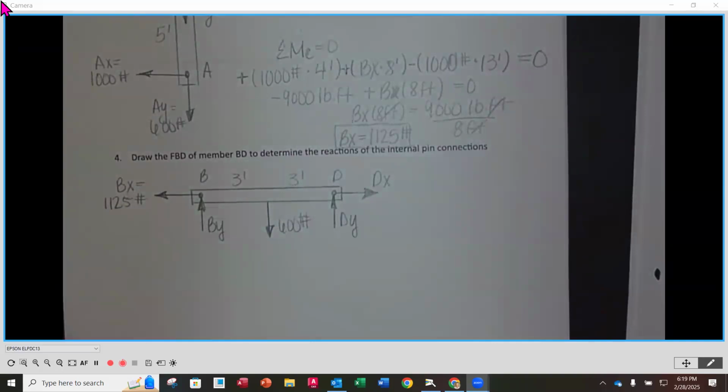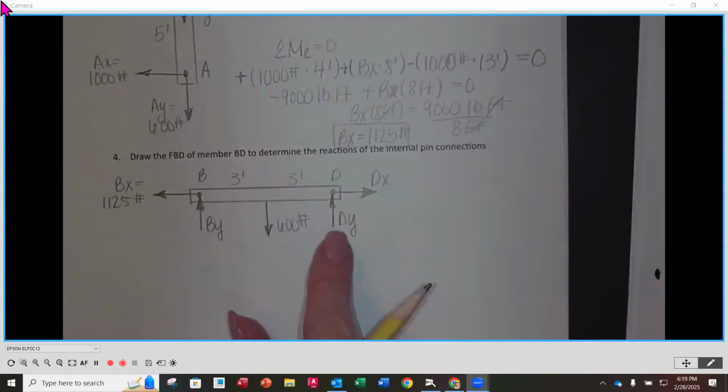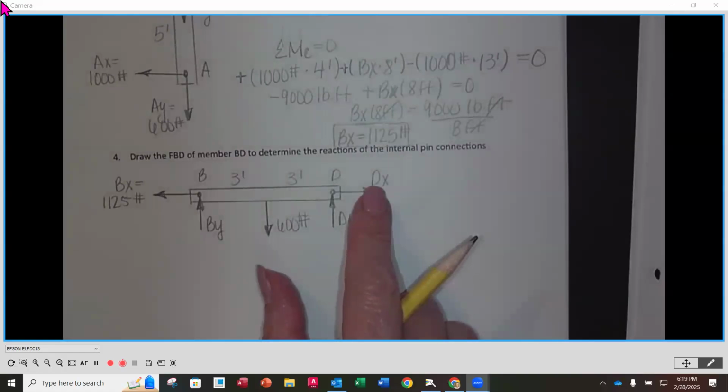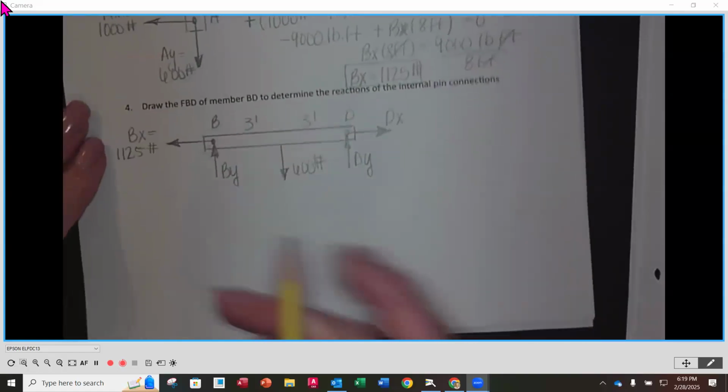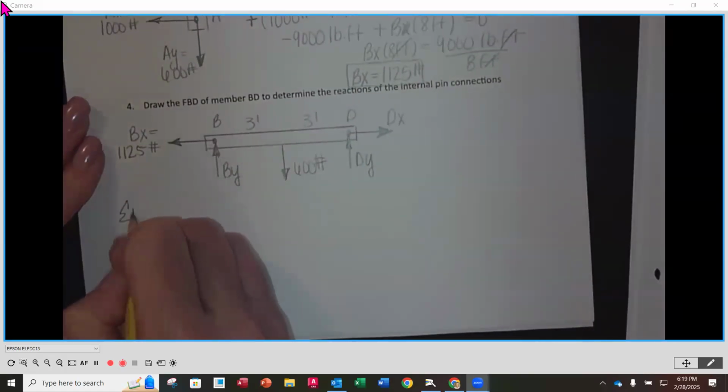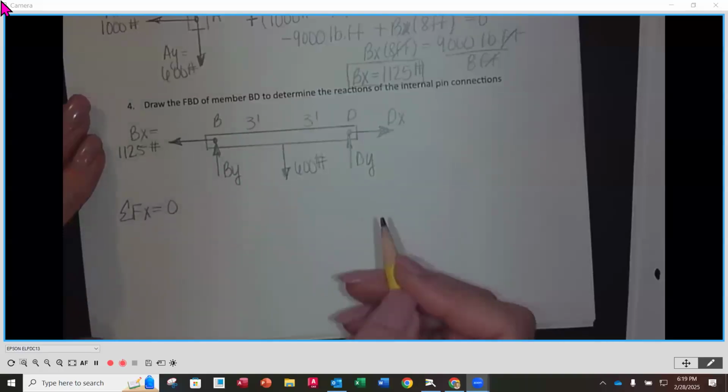Okay. So now what we're going to do is use our equations of equilibrium to solve for the unknowns that we see here, which are BY, DY, and DX. So I'm going to start by doing the sum of my forces in the x equal 0.